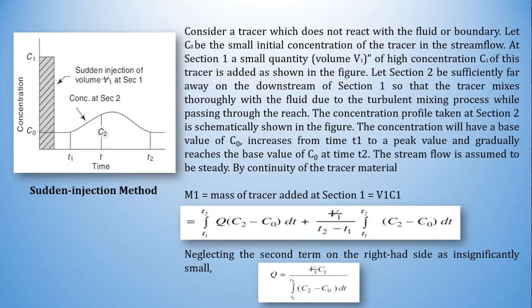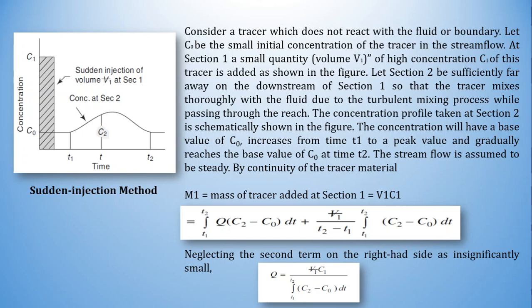Here consider a tracer which does not react with the fluid or boundary. Let C0 be the small initial concentration of the tracer in the stream flow at section 1. A small quantity of volume V1 of high concentration C1 of this tracer is added as shown in the figure.